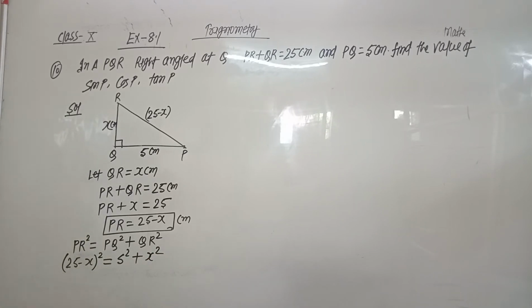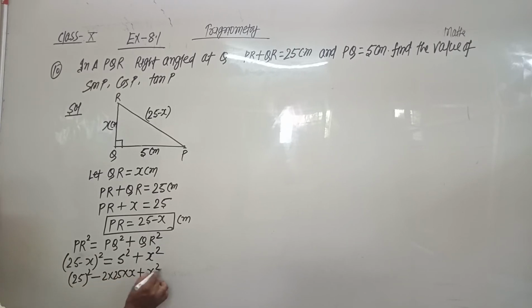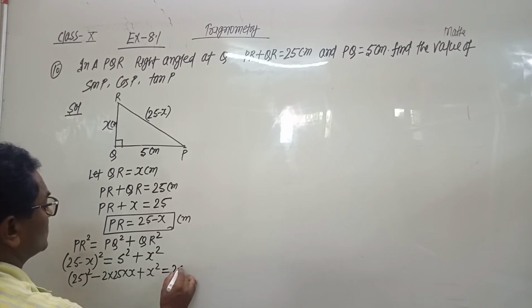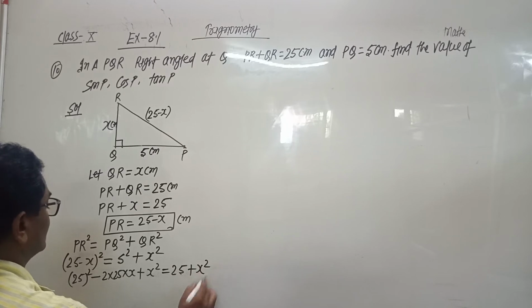Now we expand using the formula (a minus b) whole square. So a square minus 2ab, that is 2 into 25 into x, plus b square, which is x square, equals 5 square, which is 25, plus x square.